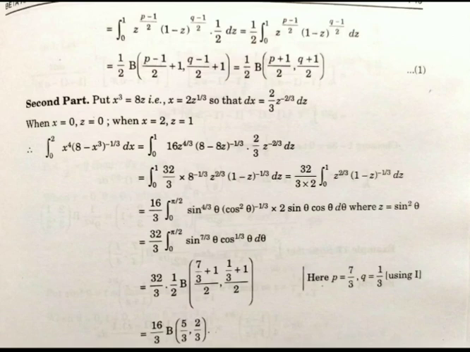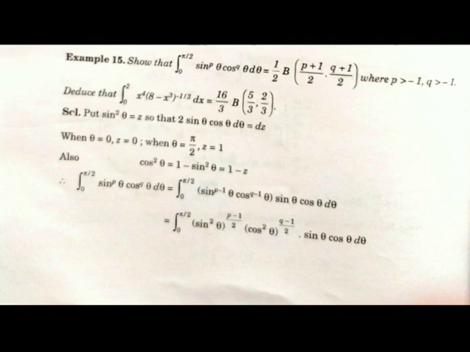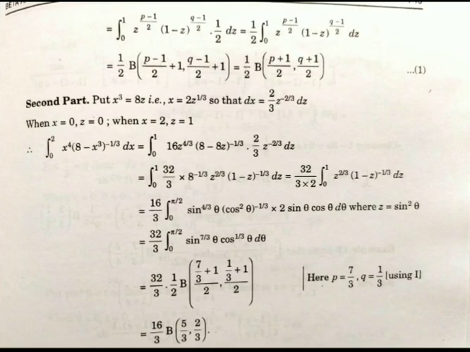Okay. See here, I am applying how to solve. We must get it in the beta form. That's why, as in the previous problem, I am taking z equal to sin square theta. Put that value here. Z equal to sin square theta. Here 32 by 2 we get 16 by 3, and 0 to 1 can be converted into 0 to pi by 2, because I am changing z into theta.